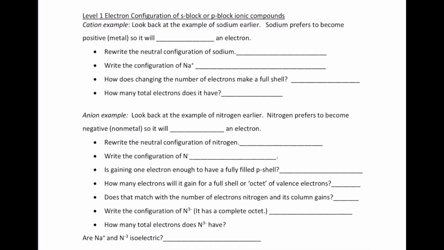So let's look at S or P block ionic compounds to begin with. We're going to do one example that is a cation and one example that's an anion. So we're going to go back to sodium. We already did sodium's configuration earlier. Sodium is a metal and it prefers to become positive, so it will lose an electron. Sodium's configuration, written out all the way, was 1s2, 2s2, 2p6, 3s1.